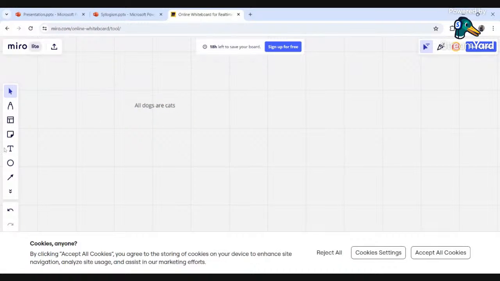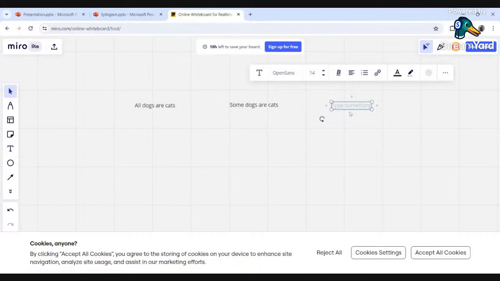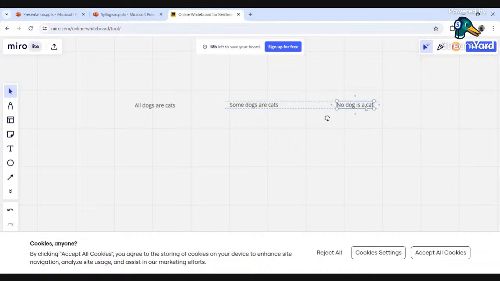Let me get one more statement telling that some dogs are cats. Then let me get one more statement over here: no dog is a cat. These are the three things you should know before starting with your syllogism.